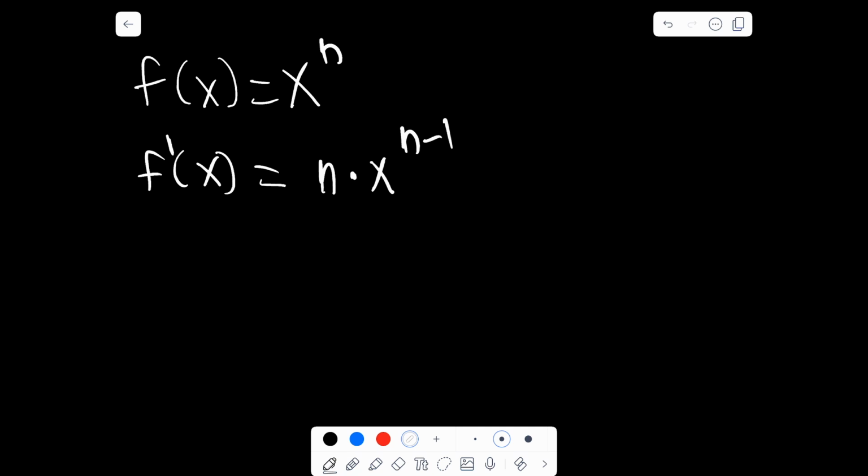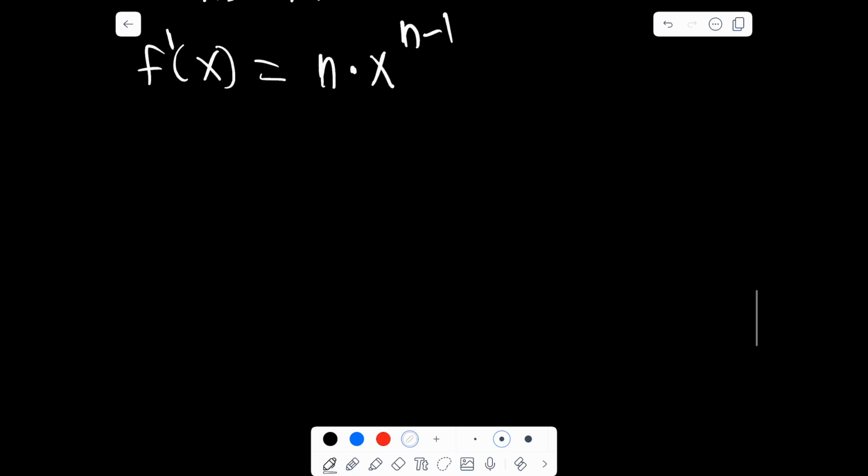That's it. That's the entire derivative. Now, there's going to be little things we're going to have to get to later where we might have to use some algebra to do these derivatives, but it's pretty much that simple. So let's try some examples.